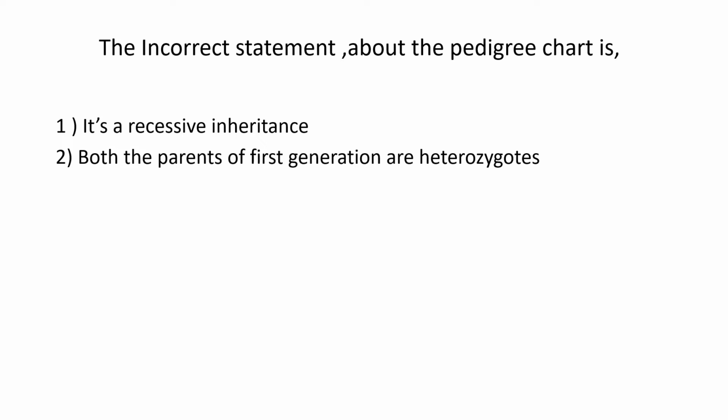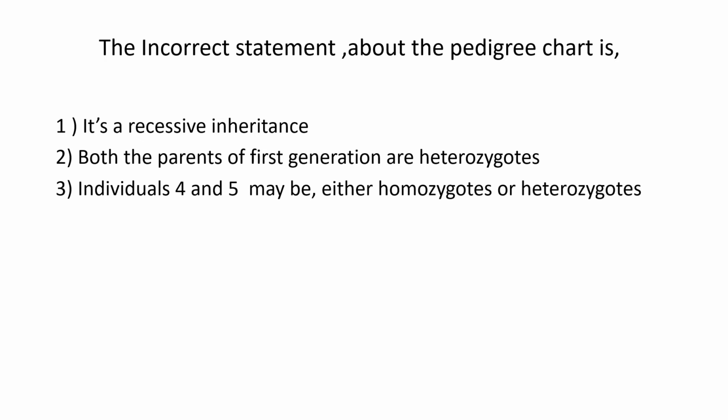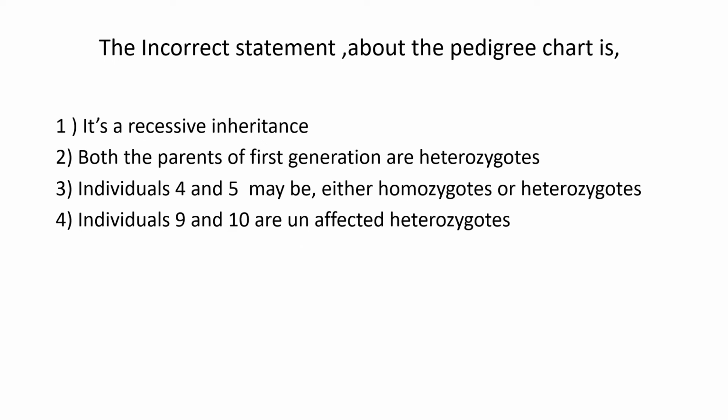Both the parents of the first generation are heterozygotes. 3. Individuals 4 and 5 may be either homozygotes or heterozygotes. 4. Individuals 9 and 10 are unaffected heterozygotes. 5. Individuals 7 and 8 are heterozygotes.